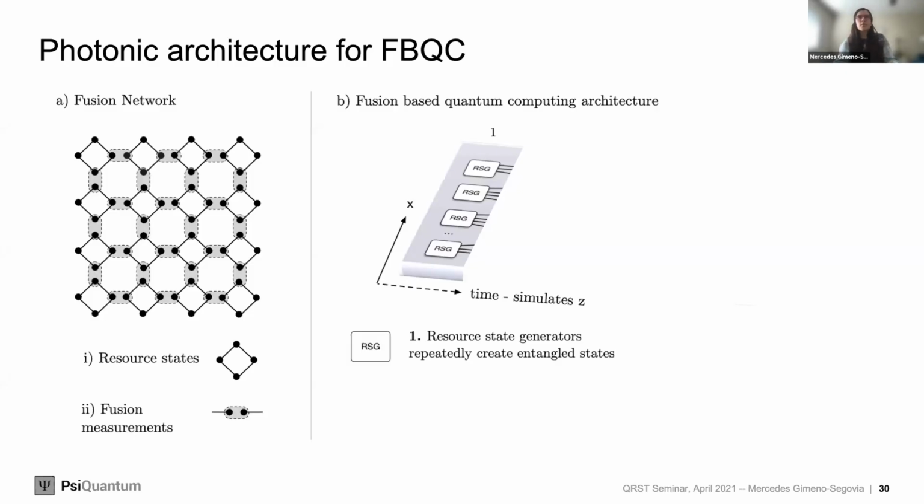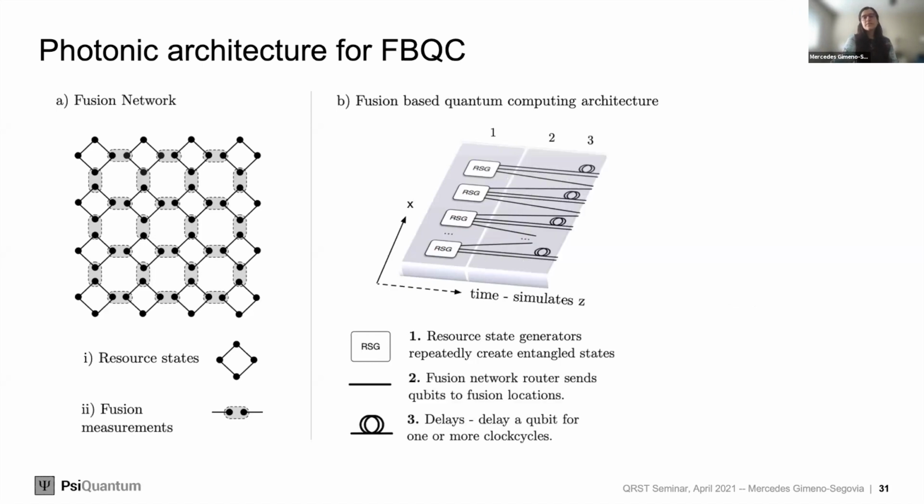In terms of what that means for an architecture, it means that we have some resource state generators, which are on a clock, generating states. Then they go into a network that takes the right states to the right fusion network, the right neighbors to be fused to, and some of them have delays so that we can fuse with the previous time step.